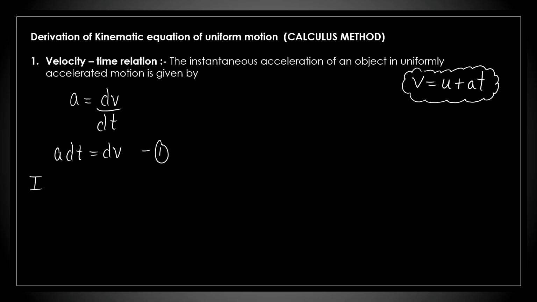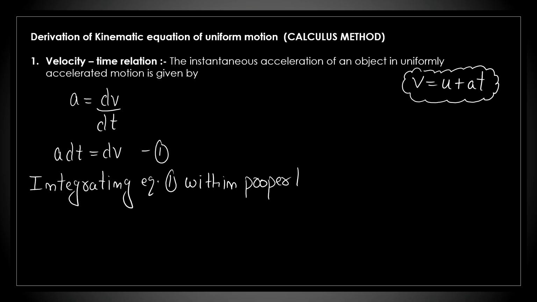Integrating equation first within proper limits: when time equal to 0, the object is at rest, that is v equal to u, which is initial velocity.